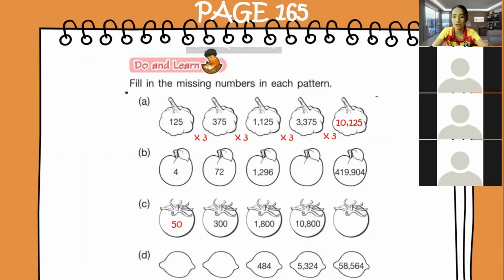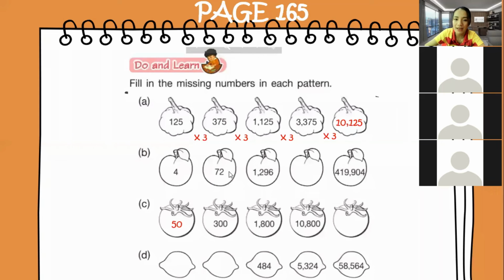4, 72, 1,296. We have the blank here and 419,904. How do we get the answer here? Who knows it? To get the answer here, we will divide the numbers. So for example, I will pick 72 divided by 4. What's the answer? It is 18.